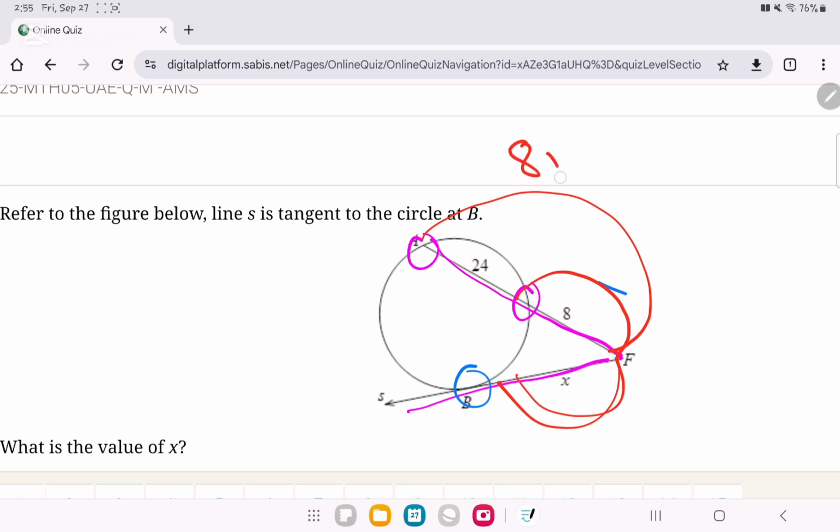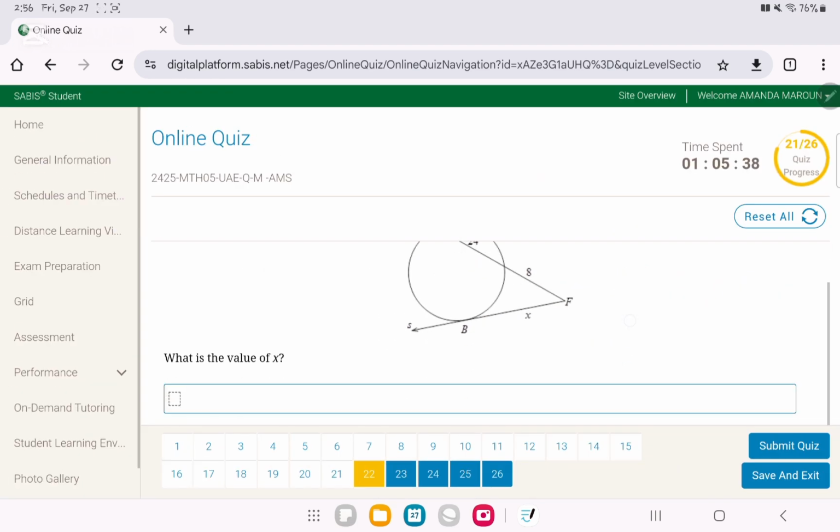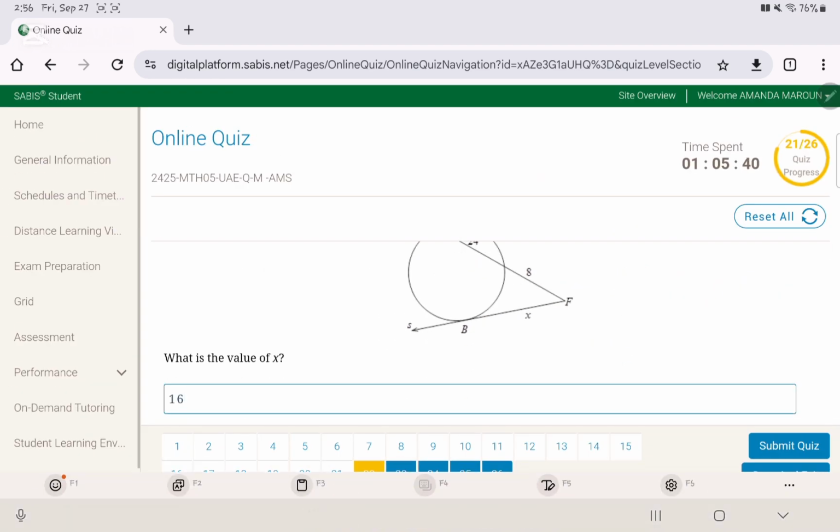So 8 times (8 plus 24) is equal to x squared. On your calculator, because calculators are allowed on this exam, we get 256. So 256 is equal to x squared. Taking the radical, x is equal to 16. So the value of x is 16.